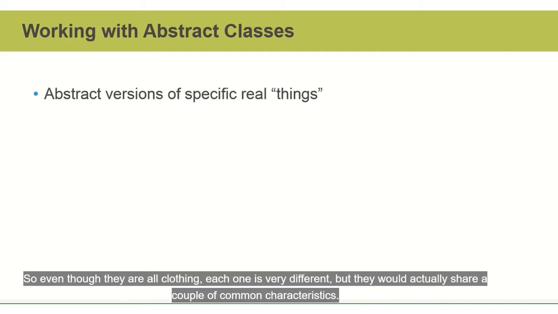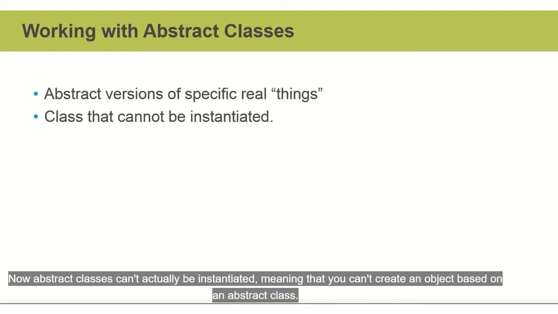So even though they're all clothing, each one is very different, but they would actually share a couple of common characteristics. Now, abstract classes can't actually be instantiated, meaning that you can't create an object based on an abstract class. And that's one of the key things you need to remember about abstract classes.